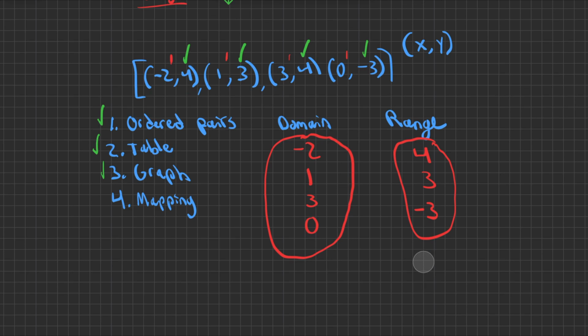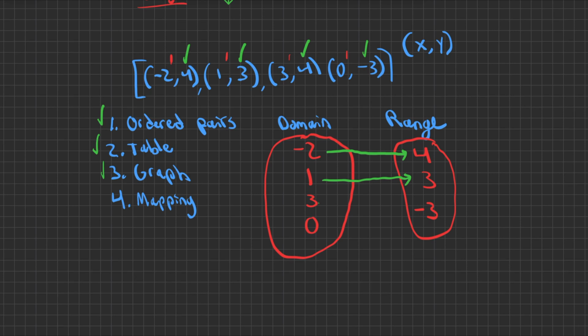All right, now to finish the mapping, when we have our domain, or our x, as -2, we know that y, or the range, is 4. So we're just going to simply draw an arrow over to the 4. When our domain, or x, is 1, our range, or y, is 3. So again, we can just draw over to our 3.